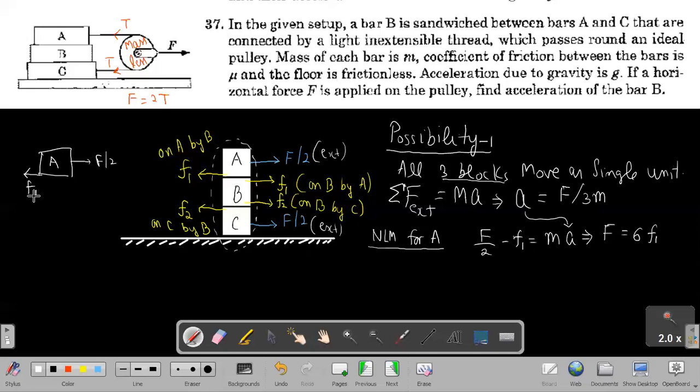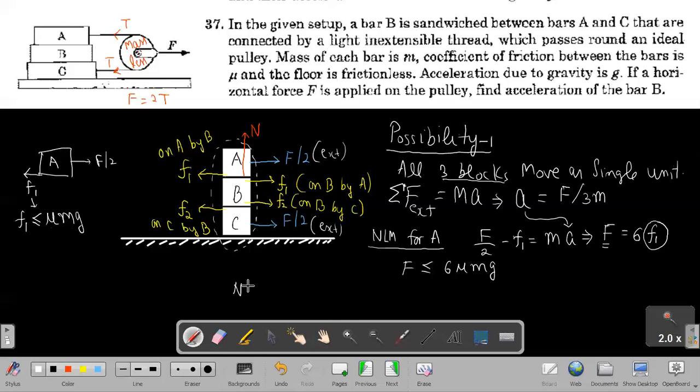And we know the limiting value of this friction force F1: according to the law of static friction, it will always be less than or equal to the coefficient of friction mu times the normal reaction force between blocks A and B. The normal force between blocks A and B is the weight of block A, which is mg, which means friction force F1 cannot exceed mu mg. So if this friction force has a limit of mu mg, obviously capital F has a limiting value. This capital F has to be less than or equal to 6 times mu mg.